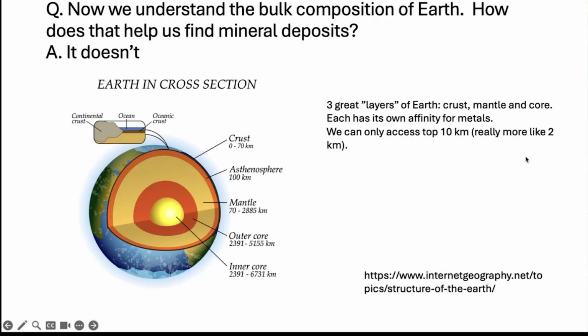Now they had to abandon it because it was too hot. And obviously that's not an economic way to mine, but nobody's ever been able to drill deeper than 11 kilometers. And I doubt that anybody's going to try in our lifetimes. So we're kind of stuck with the outermost little bit. Fortunately, that's not a bad place to look.